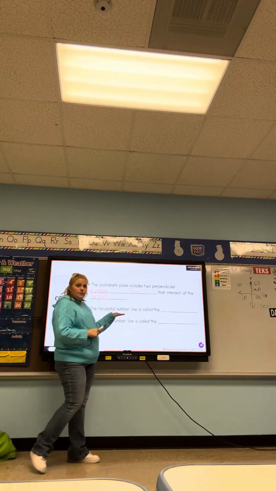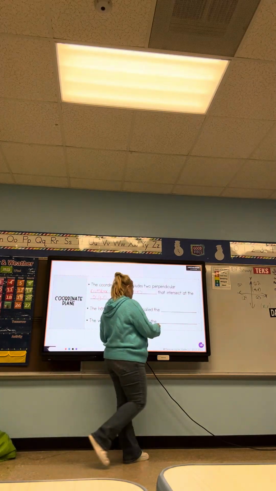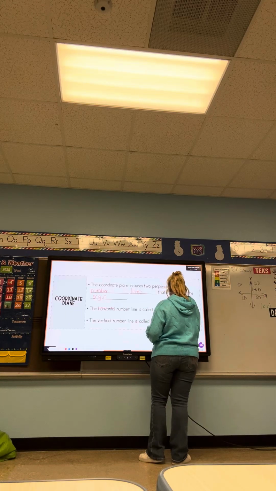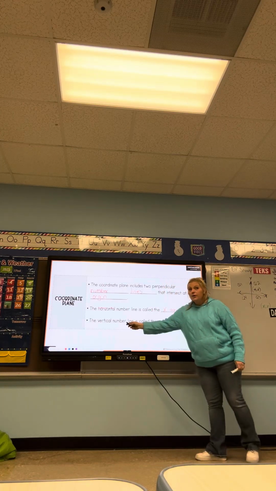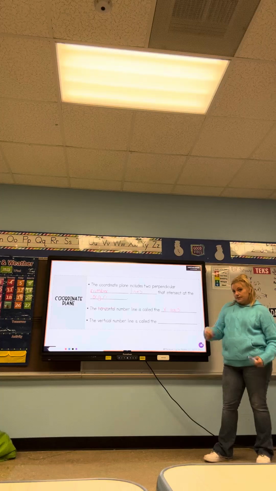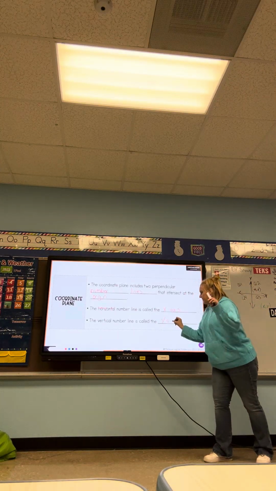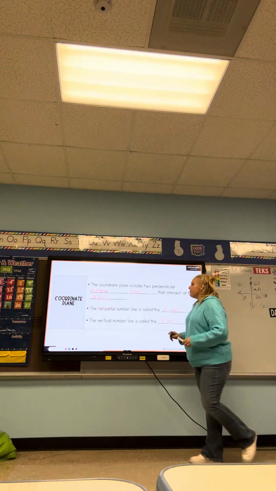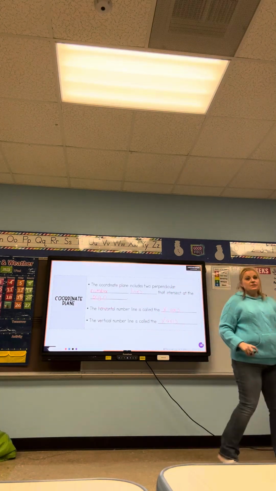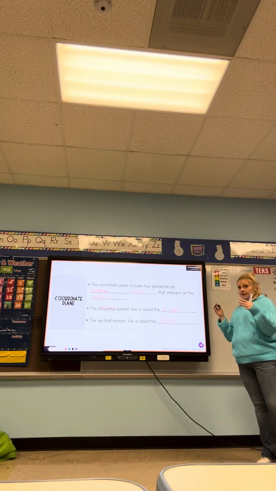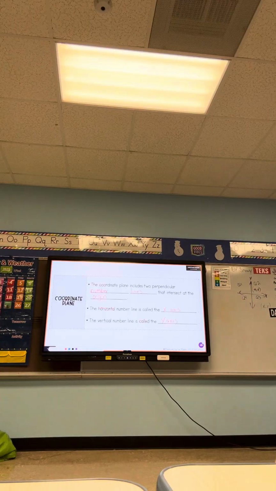The horizontal line is called the x-axis, and the vertical line is called the y-axis. I heard someone back there say it. Good job. All right, if you need a minute, I'll give you a couple seconds to fill this in. Everybody good? Thumbs up? Okay, then we'll move on.